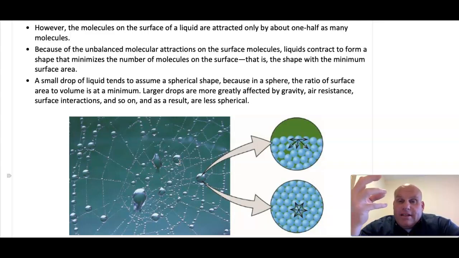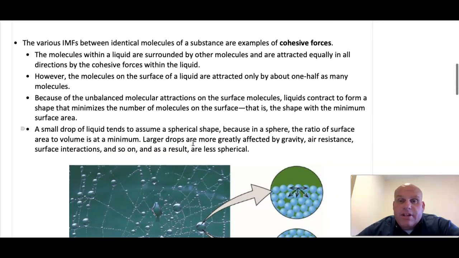That's an effect of the cohesive force of those molecules being attracted to one another. You will find this diagram in the textbook and the PowerPoint, but I would suggest pausing the video for a second to get down some of these characteristics of cohesive forces.